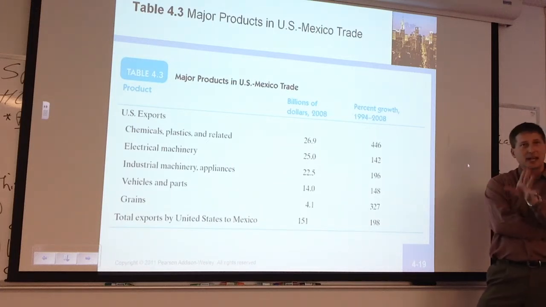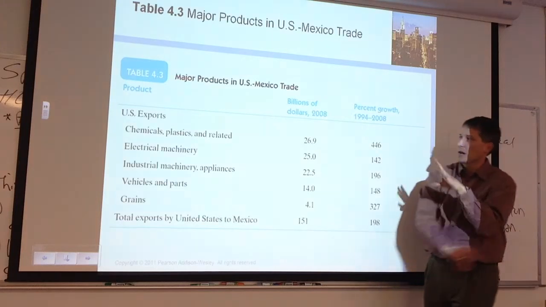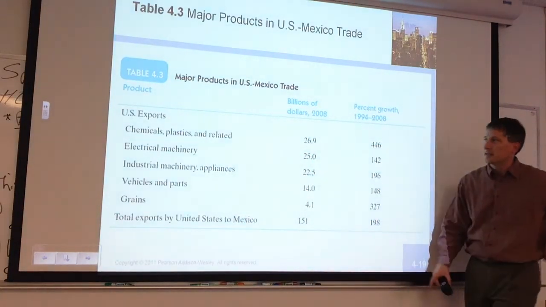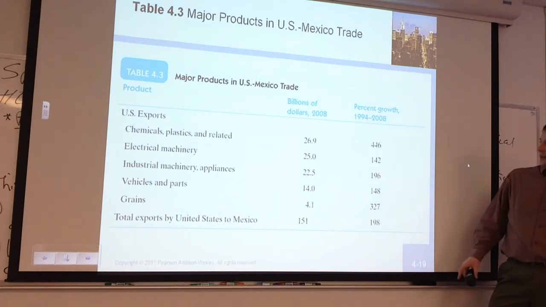I know we don't know these categories, but what can you imagine? What type of things are going into that industry? Technology. Highly skilled labor, right? You start to see some of the things we were talking about with the items in here. Electrical machineries, at least some capital related goods.